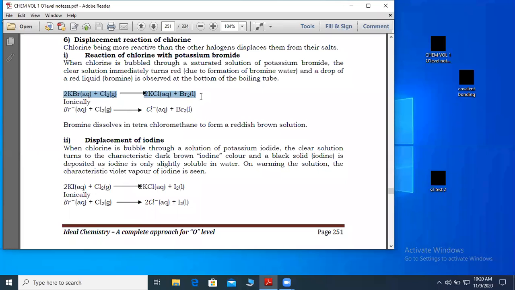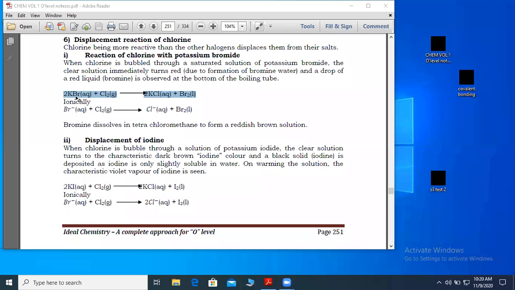Someone who has been attentive. Why does the colorless solution turn to red? Who has a simple explanation? Come on. I want an explanation. Why does the colorless solution turn to red? Who can explain?